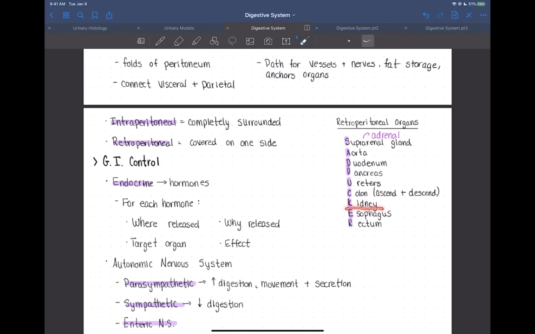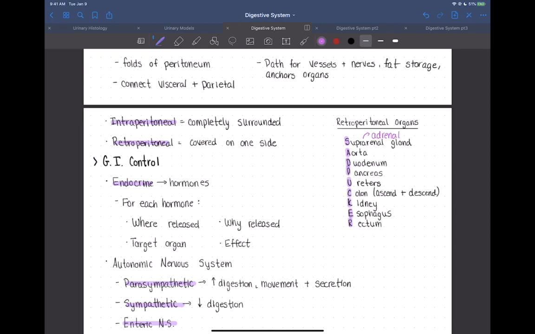The kidneys are retroperitoneal, the esophagus and the rectum are retroperitoneal. Okay, so practice that, and hopefully that mnemonic will help you remember which organs are retroperitoneal, because you should know for each organ whether it is intraperitoneal or retroperitoneal.